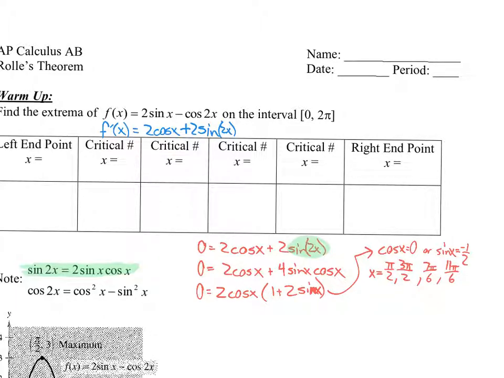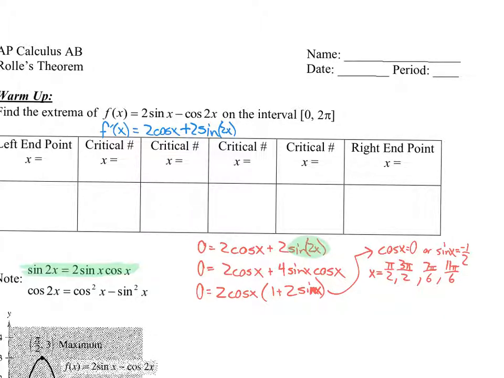Cosine x, as we see here at the end, equals 0. So if I subtract it, it would be like negative 2 cosine x equals 4 sine x. Yes, but then you divided by cosine, right? Well, cosine x equals 0, so you just divided by 0. Okay, so that's why we don't want to do that. You want to factor and get your answers this way.